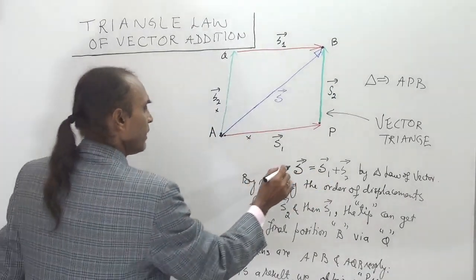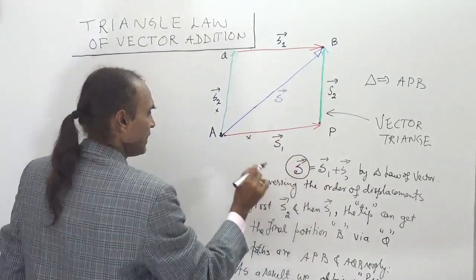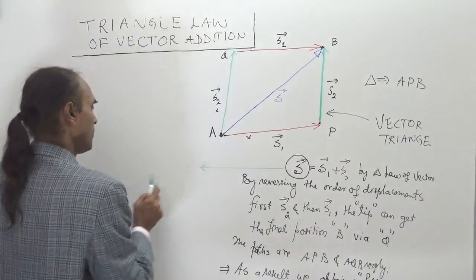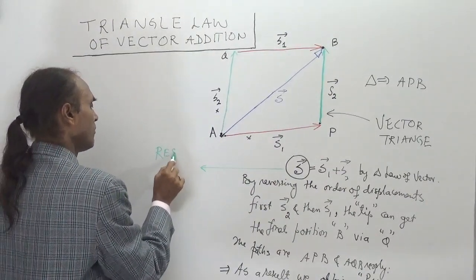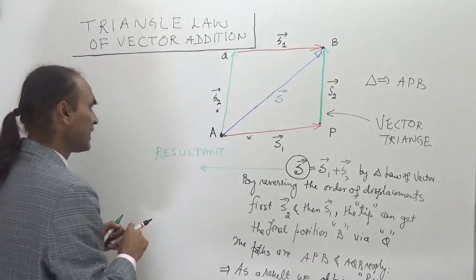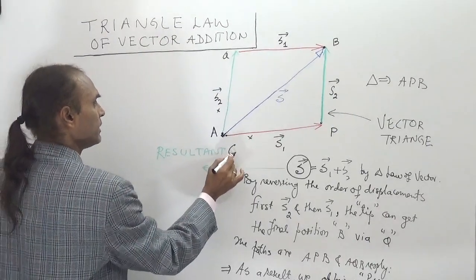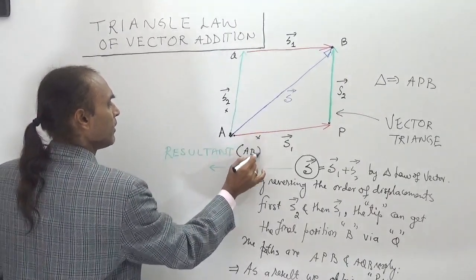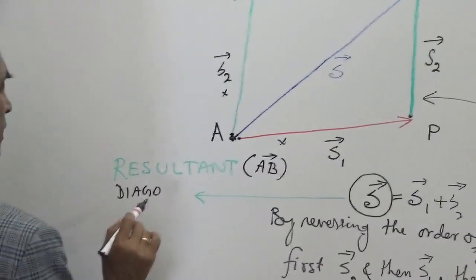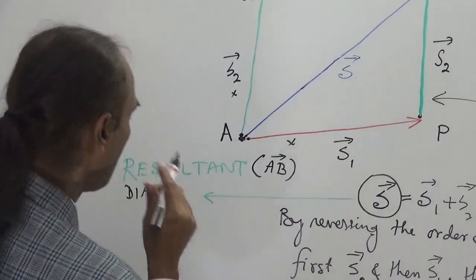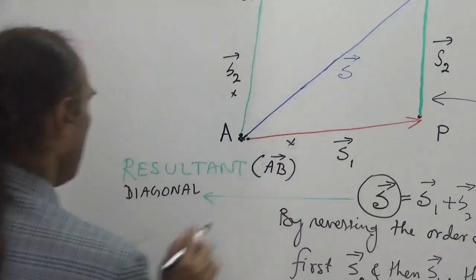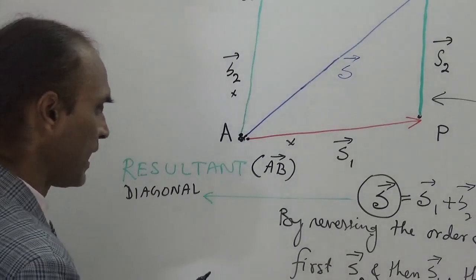So S is the resultant, and this resultant is given by the diagonal AB. This is the diagonal, and S1 and S2 are the adjacent sides.